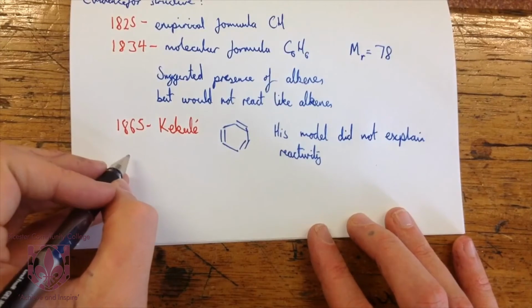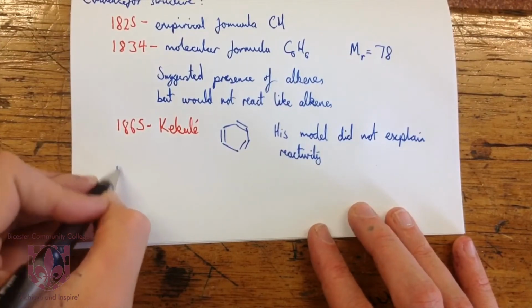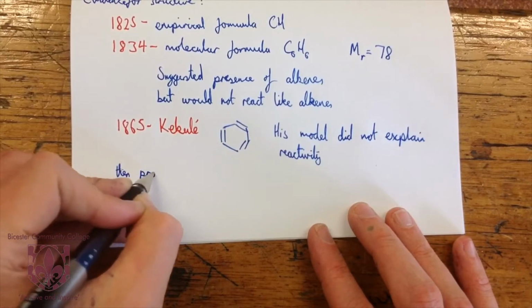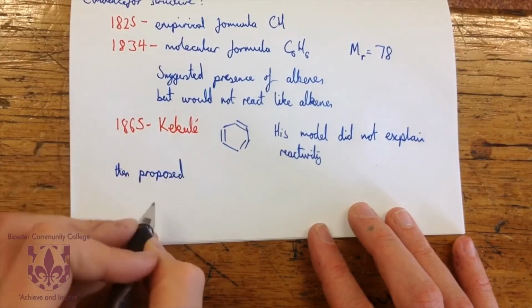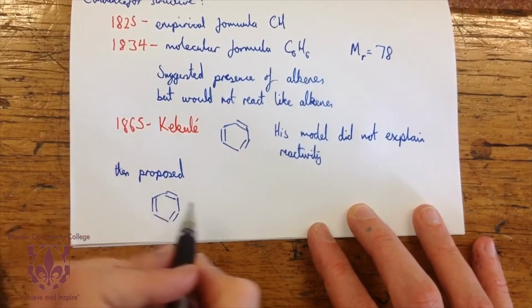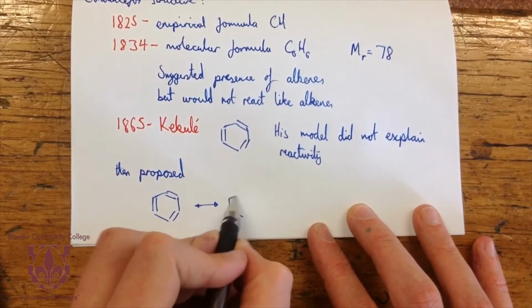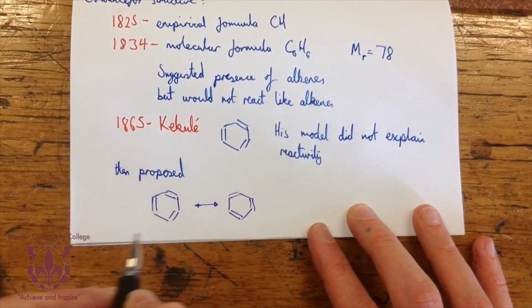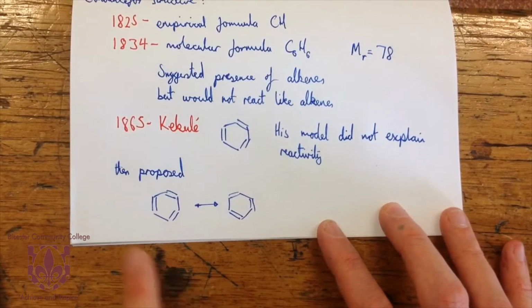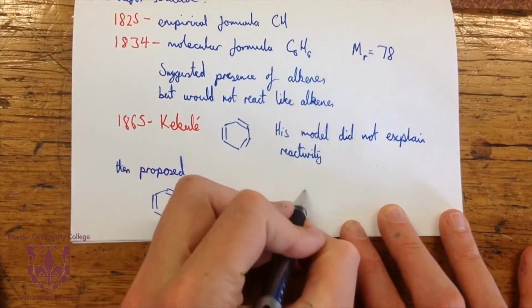And so he went away and thought about it for a while, and later on he then proposed something slightly different. And he said, actually, what happens is you have this, and it changes to that. So the double bonds move between those two positions, and they go back and forth, and that's why it's stable. And he called it resonance.